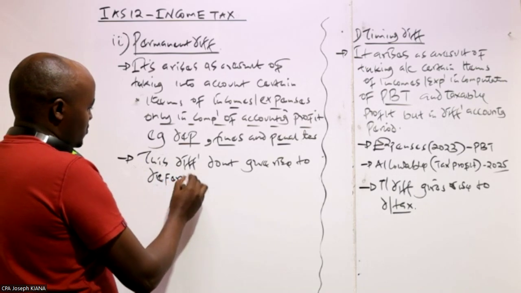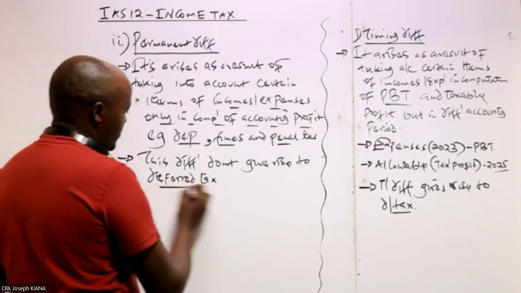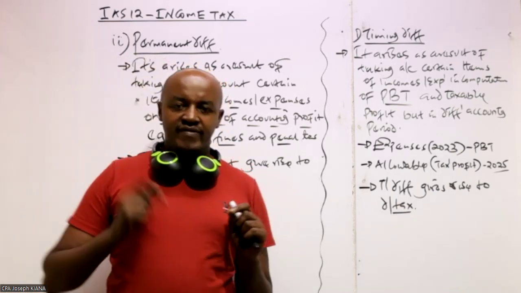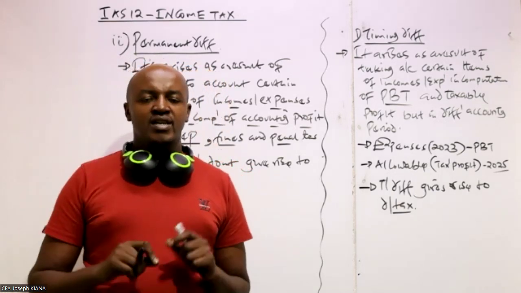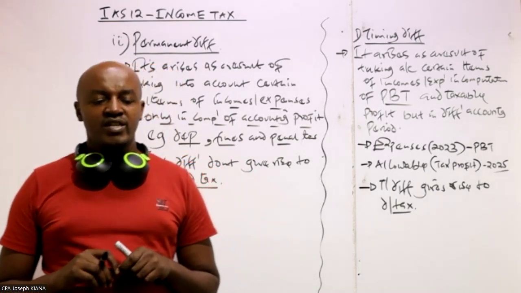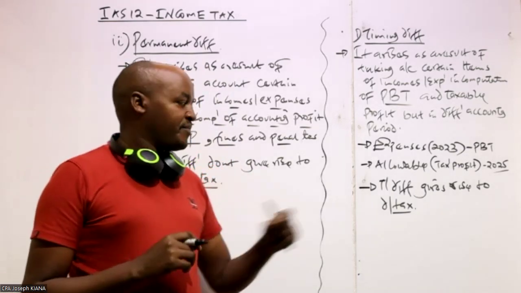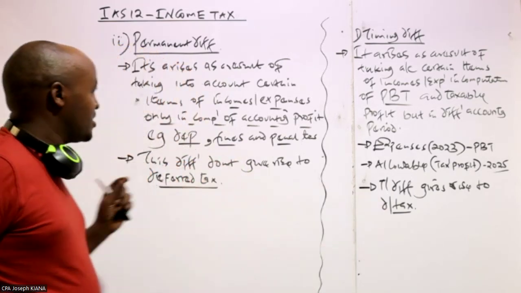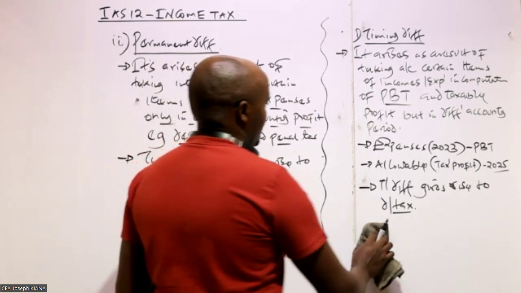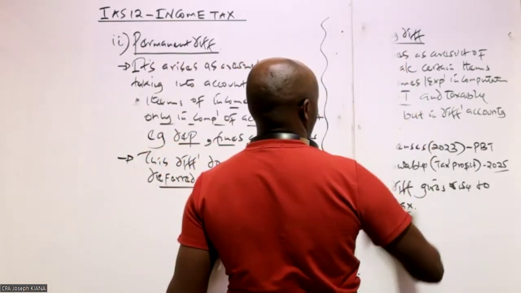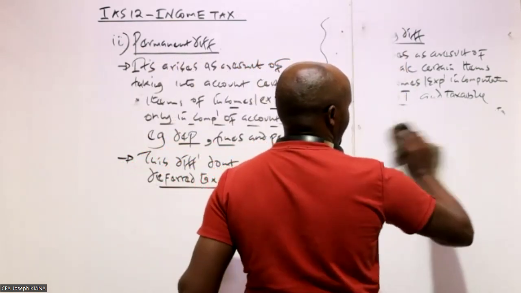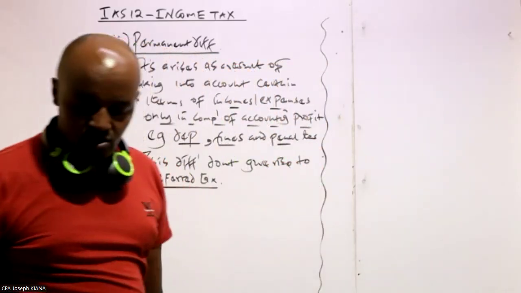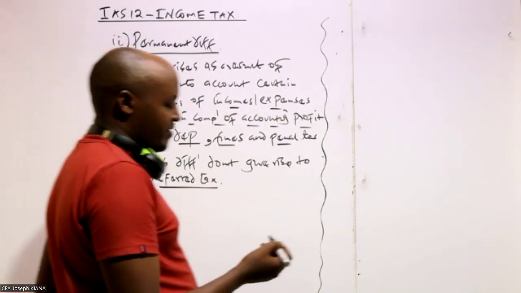It is important to note that out of these two differences, the timing difference and permanent difference, the difference which gives rise to deferred tax is the timing difference, because the permanent difference does not give rise to deferred tax, and therefore, in case there is a permanent difference, it will be totally ignored for the purpose of computing the deferred tax.